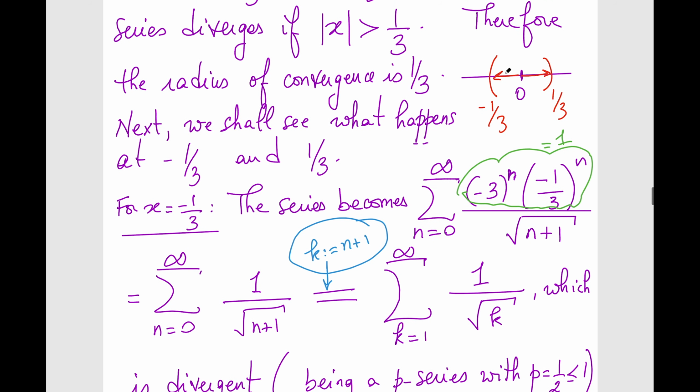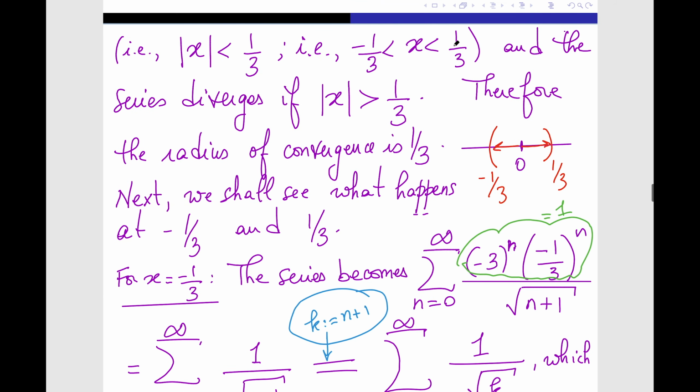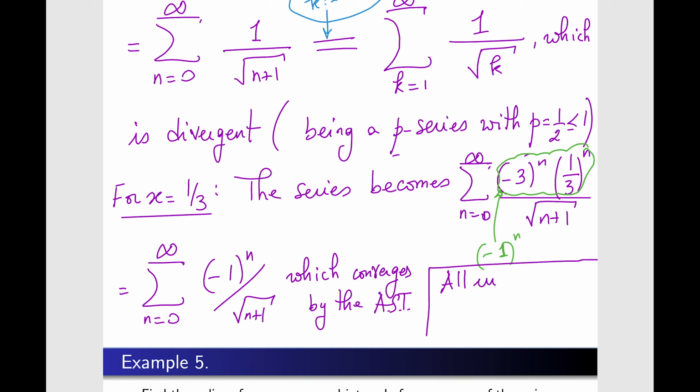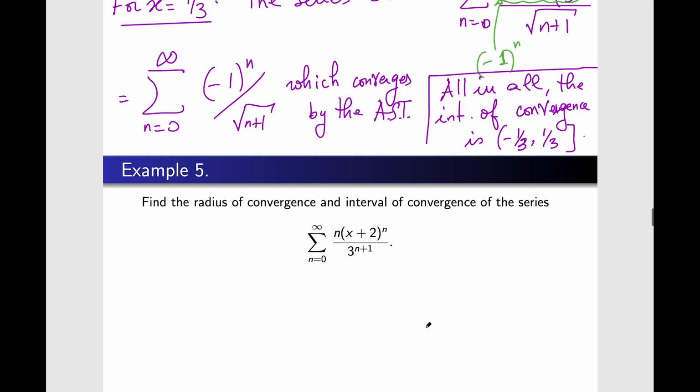It used to be all numbers between minus 1/3 and 1/3. Now we're going to invite the 1/3 because the 1/3 is a good point, it turned out. So all in all, the interval of convergence is open minus 1 over 3, closed 1 over 3. Correct?